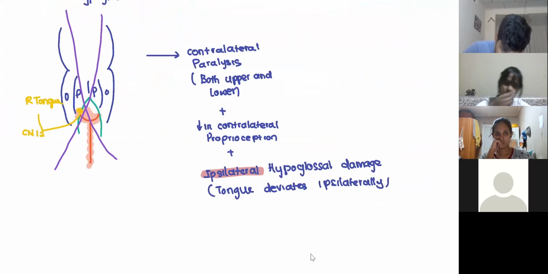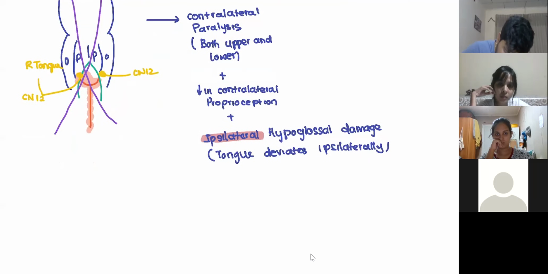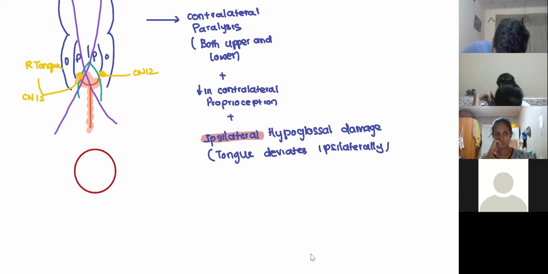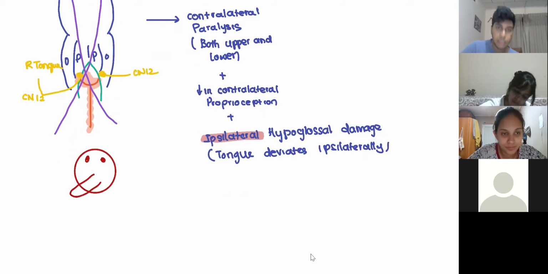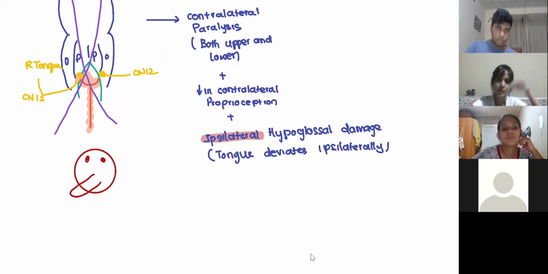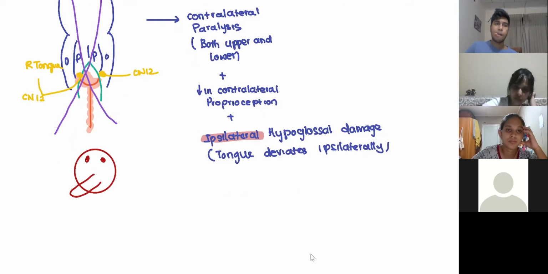And if there is damage to that, the person will have his tongue protruded towards the right side. When you tell the person to put his tongue out, he will not be able to put it out straight. I hope you understand.